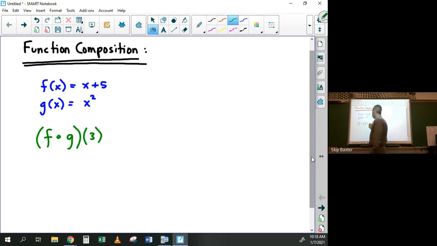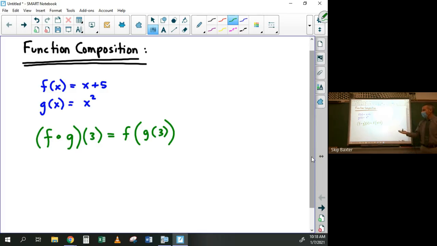That's one way of writing it. Another equivalent way is just f of g of 3. I think this is a little less confusing, but very often textbooks or tests write it the first way. My first step is always to rewrite it this way, because I think it's less confusing.